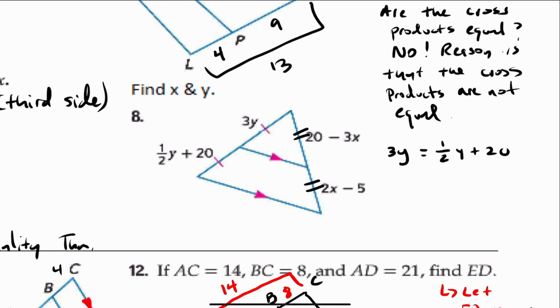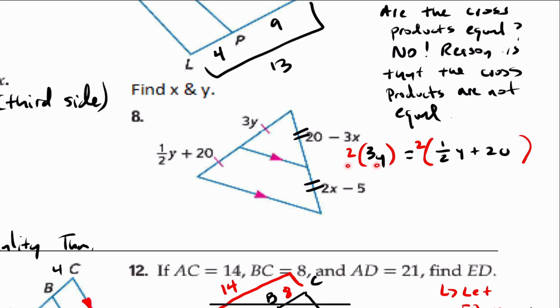So in order for me to eliminate this 1/2, I'm going to multiply this whole thing by this number here. Okay, I'm going to multiply that by 2. And I'm going to do the same thing for the other side of the equation, right? Because you've got to balance it out.